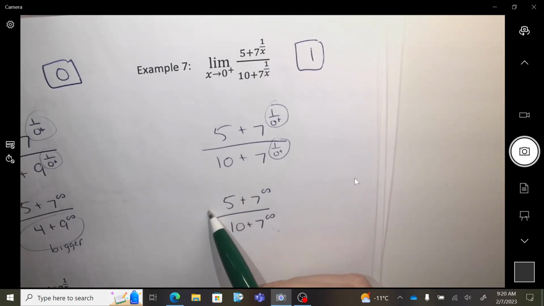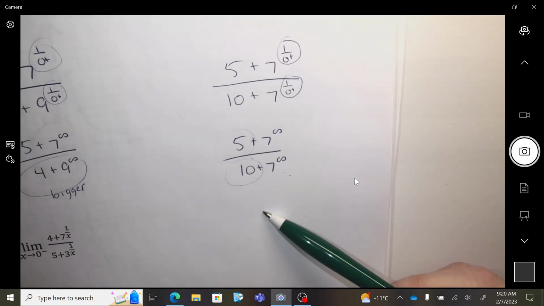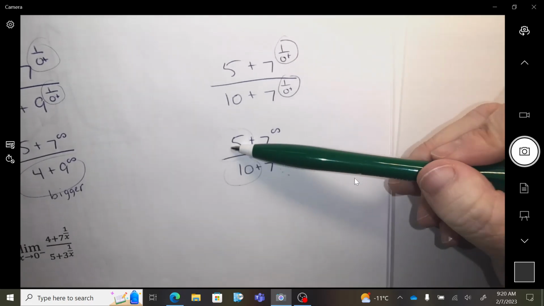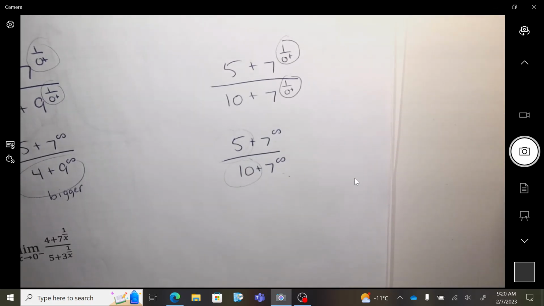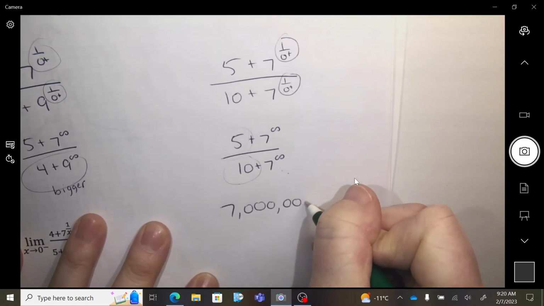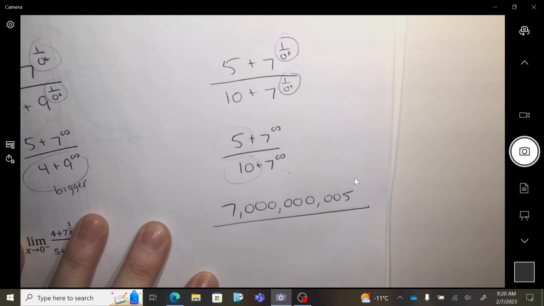Do you understand that these values in this case are irrelevant, right? 7 billion and 5 and 7 billion and 10. The bigger this gets, this is just basically irrelevant. Does that make sense to you? So what if the infinity wasn't a billion and it was like 10? It'd still be 1?